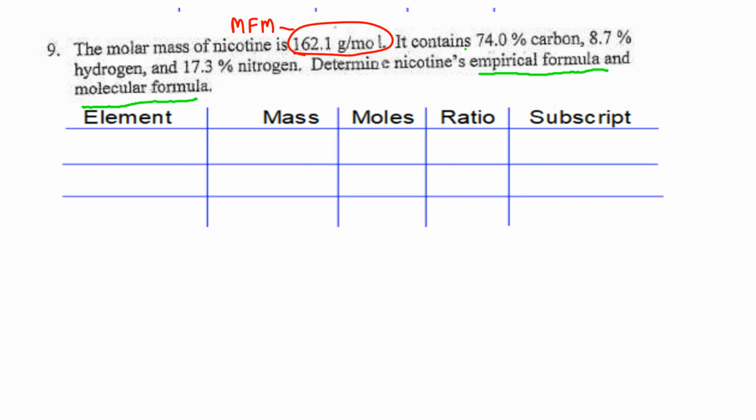And then it goes on to tell us that nicotine contains 74% carbon, 8.7% hydrogen, and 17.3% nitrogen. So I want to know the empirical formula and the molecular formula. Since I'm asking for both, I have to do both steps.